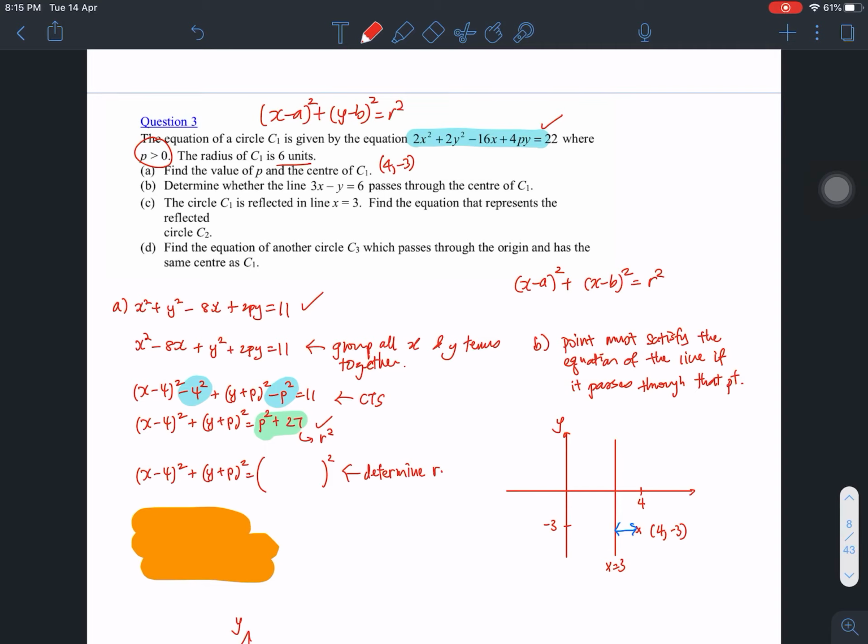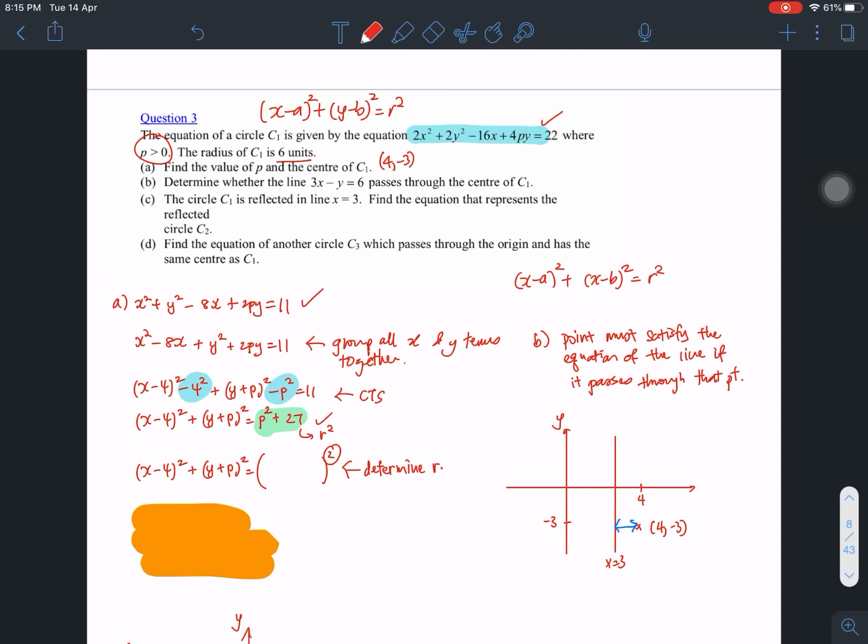And in order not to change the equation, if I have a square over here, what I will need to do is to apply the square root. So the square root of p squared plus 27, and when I square it, it removes the square root, and I didn't change the equation. So clearly from this equation, the square root of p squared plus 27 would be equal to your radius r.